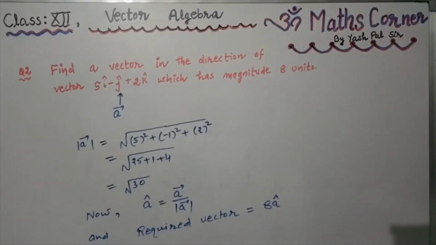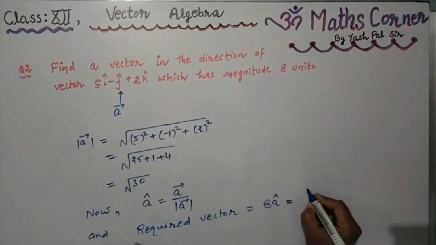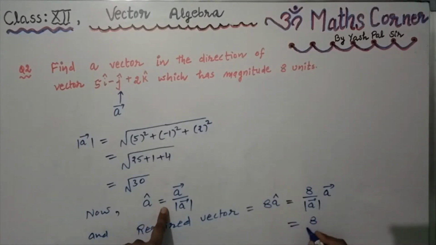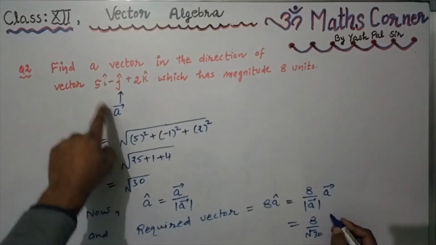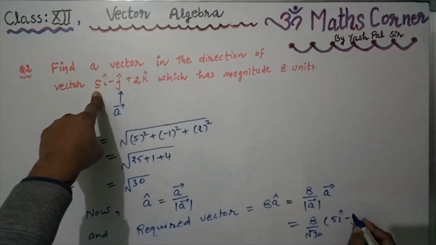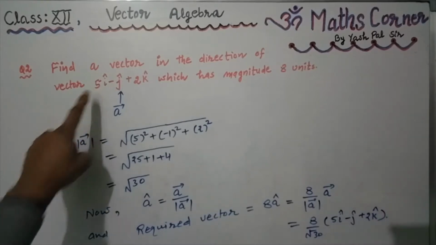So we write 8 times the unit vector, which is 8 into vector A upon magnitude of vector A. The result is 8 upon square root of 30 into vector A, which is 5i minus j plus 2k. So this is the required answer.